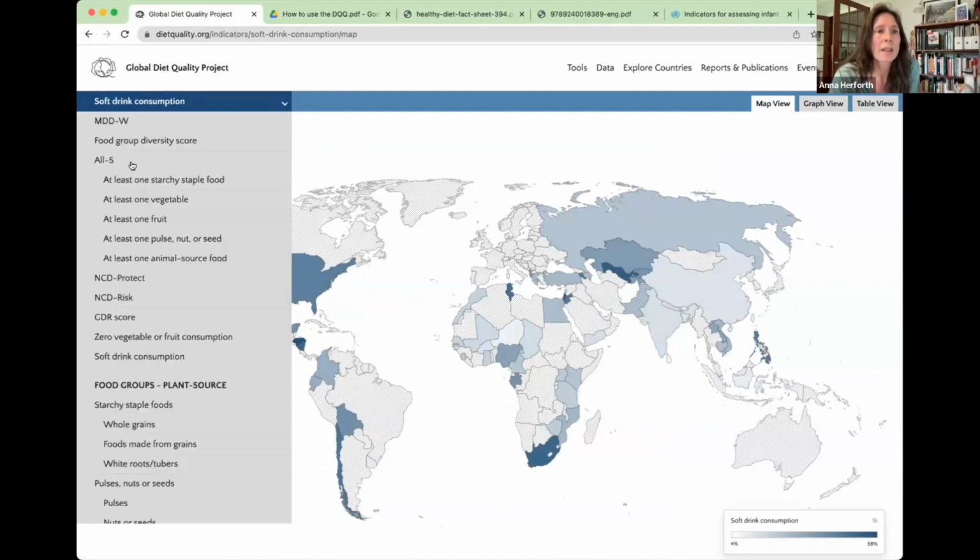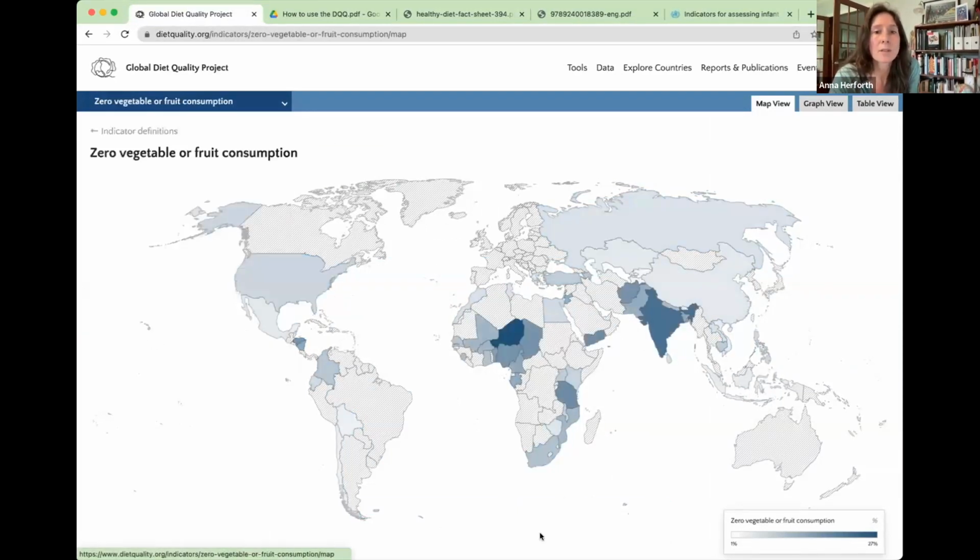We can also look at an indicator of zero fruit and vegetable consumption, which also has to do with the lack of protection against NCDs. And we can see patterns showing up in West Africa and South Asia, where this is a pretty extreme indicator of having no vegetables or fruit at all.